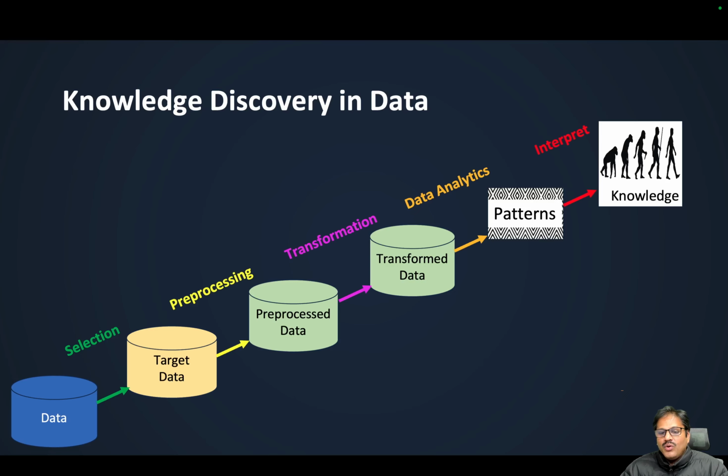For example, converting the format of the data or normalizing the attribute values in the data and then create the transformed data. This data is then fed to the data mining or machine learning or deep learning techniques to extract useful information or patterns.